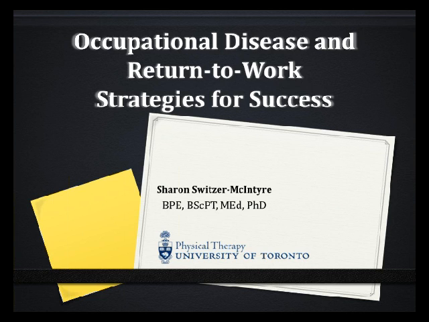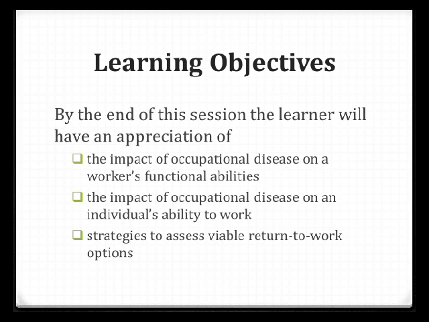So what I'd like to do today is talk a little bit about the impact of occupational disease on workers' functional abilities and the impact of the disease on the individual's ability to work. And I want to house that within the framework of a couple of studies we've done recently that are focused on occupational contact dermatitis of the hands.